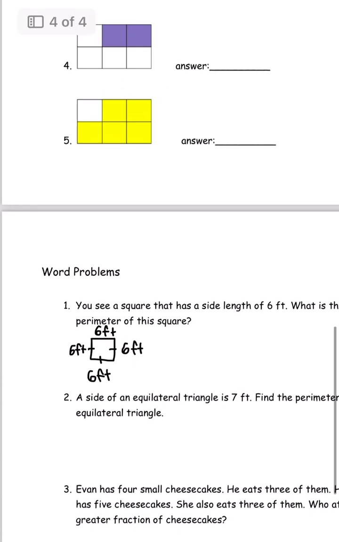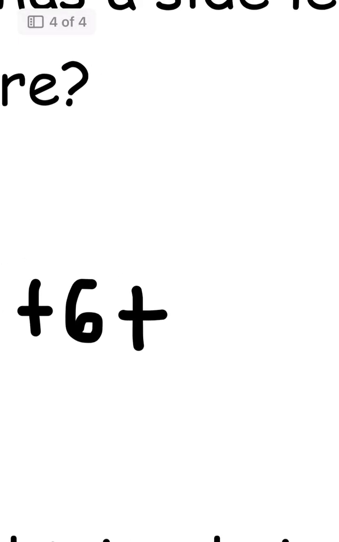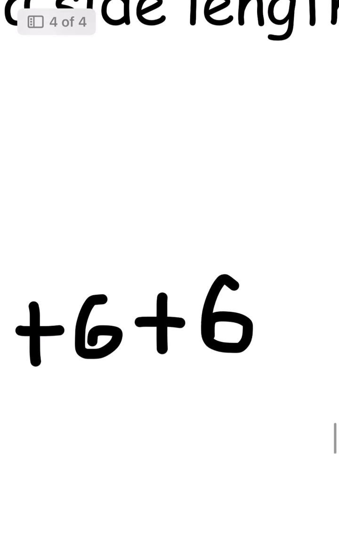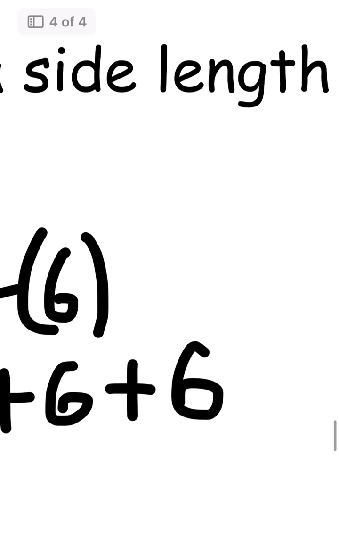So it's going to be all 6 feet. Then we have to add them now. So we can do 6 plus 6 plus 6 plus 6, or 4 times 6 because there are 4 6s, right?